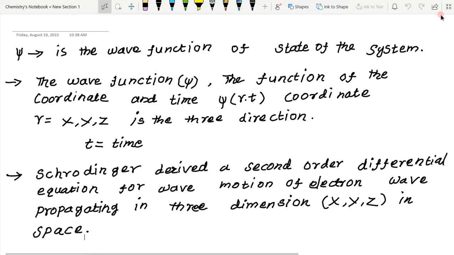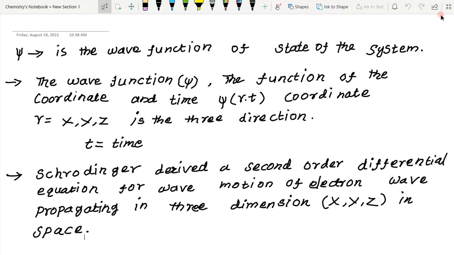Psi is the wave function of the state of the system. The wave function psi is a function of the coordinates and time, psi of x, y, z, t, where x, y, z are the three directions and t is time.